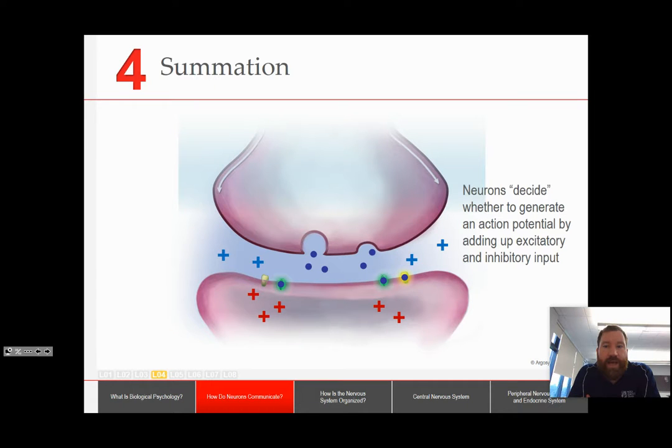Okay, guys, we're back, and we are talking now about neurotransmitters and specific neurotransmitters. In the previous videos, we talked about both the structure and the function of neurons and how neurotransmission works. And we talked about the two types of neurotransmitters, excitatory and inhibitory.